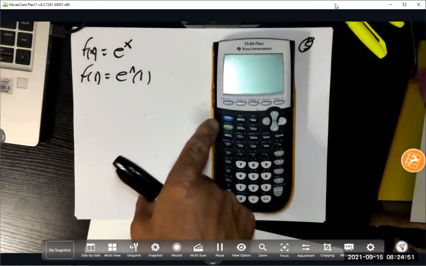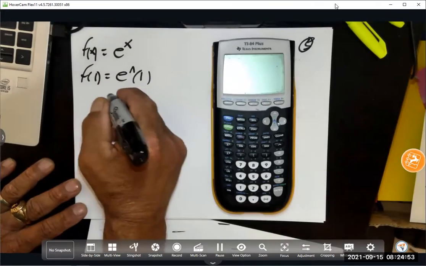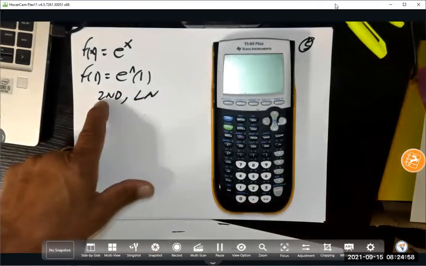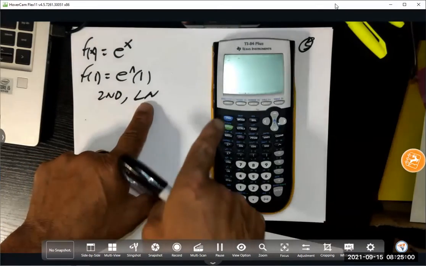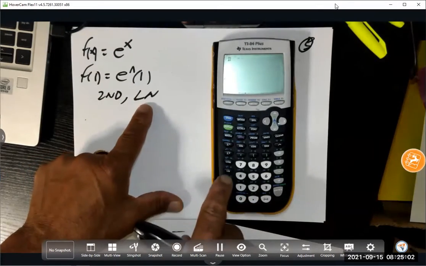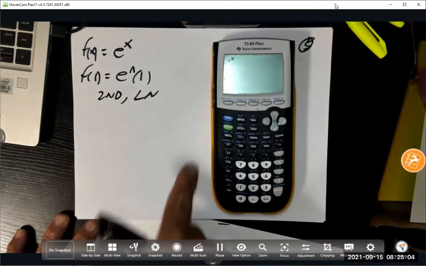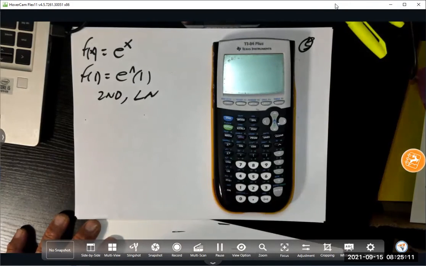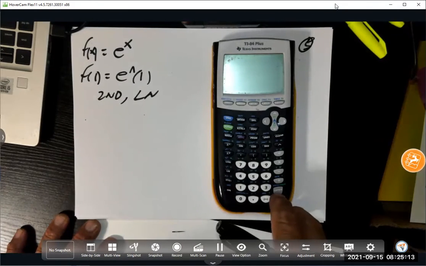So down here, you're going to go second ln. See, down here is the second ln. Y'all see that? The second and the ln. Y'all find it? Yes. Now put a 1 in there. Okay. And then hit enter.